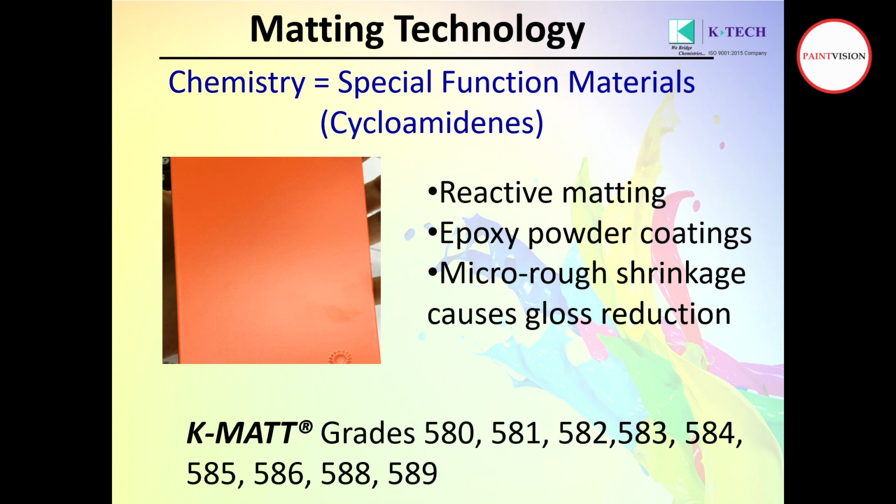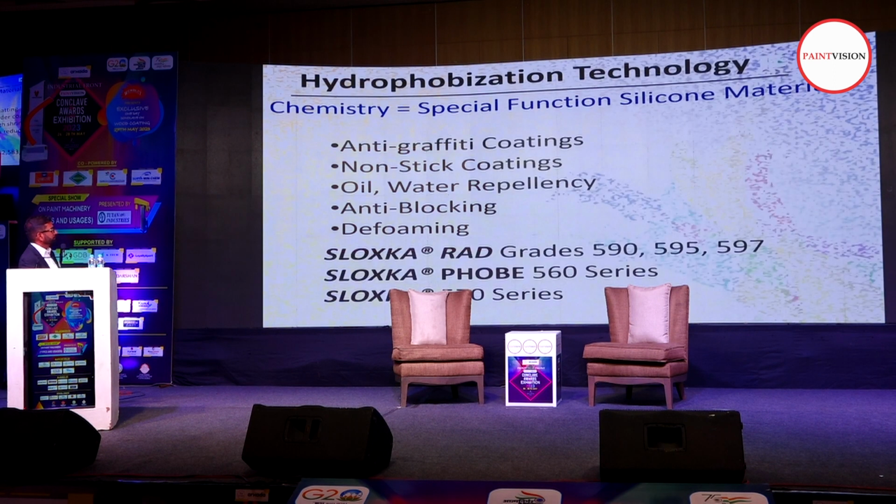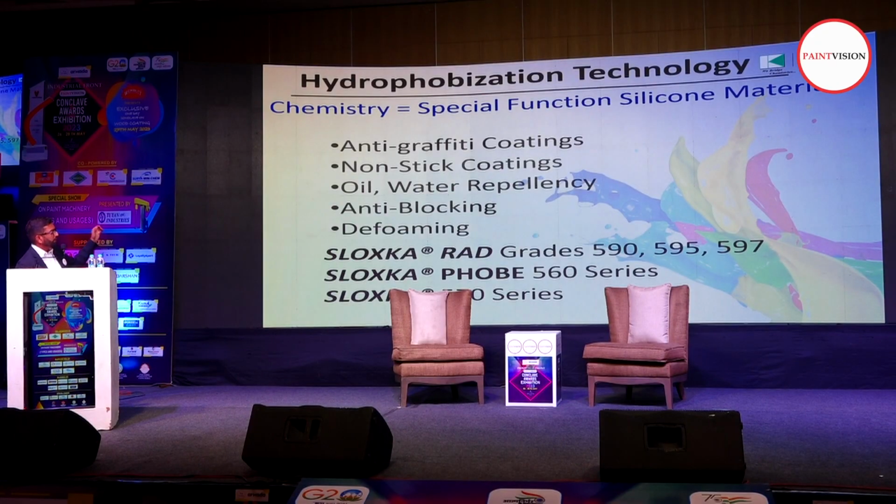These are mattening agents basically for the powder coating industry, branded as K-Mat based on reactive mattening technology. These are Siloxca grades, which I told you earlier. These are hydrophobic additives, which give oil and water repellency, anti-graffiti, non-stick coatings, anti-blocking. So these are multifunctional additives, designed based on customers' requirements.